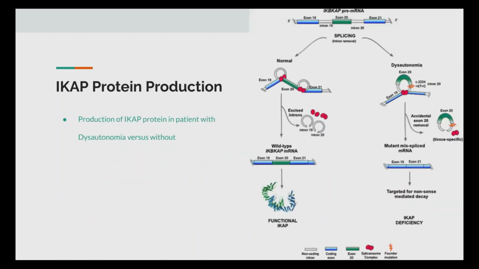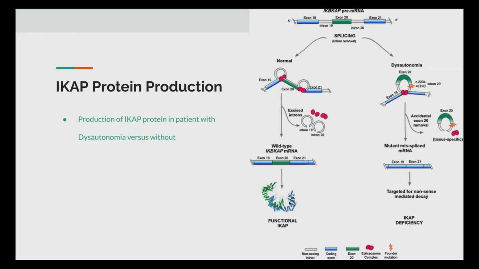And here's an image of what happens with POTS and the IKAP protein. On the left is the normal protein production, and you can see that when they're making the copy and getting ready to perform, it excises introns 19 and 20, which is what it's supposed to do. It's supposed to keep exons in and introns out. Then you wind up with the correct form of RNA, which then becomes a protein when it goes into a ribosome, and the tRNA comes and starts linking amino acids in a polypeptide chain.